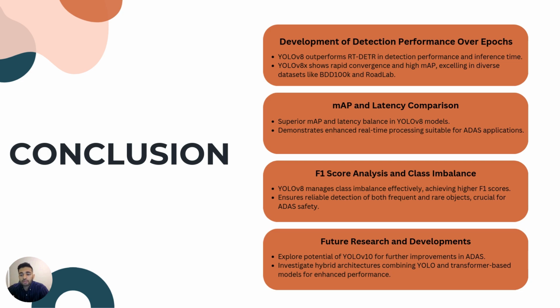YOLOv8 also demonstrates a superior balance between mAP and latency and achieves high accuracy with faster processing, making it ideal for real-time ADAS tasks. Also, its higher F1 score highlights its effectiveness in handling class imbalances, which is crucial for detecting critical objects like traffic signs and pedestrians.